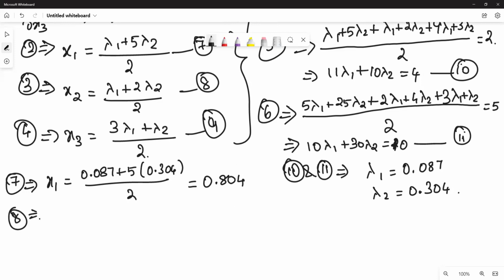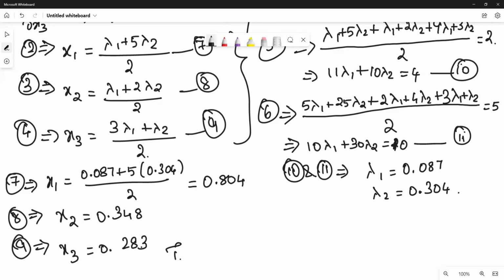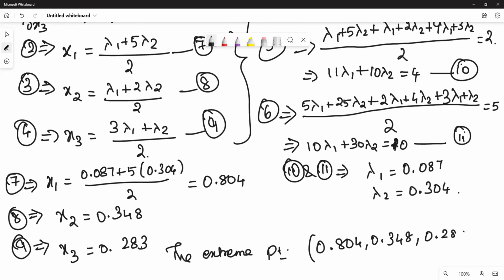Similarly, substituting lambda 1, lambda 2 values in x2, we'll get 0.348, and in 9, if you substitute 3 lambda 1 plus lambda 2 by 2, we'll get x3 as 0.283. So the extreme point is x1 is 0.804, x2 is 0.348 and x3 is 0.283.